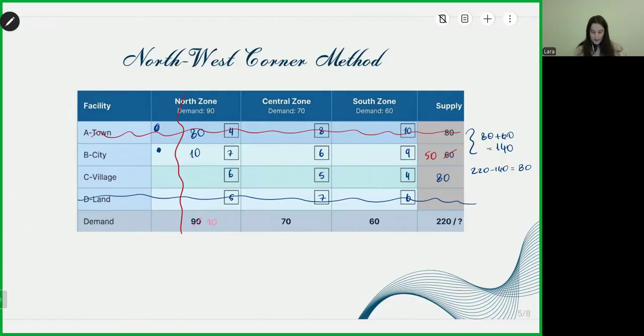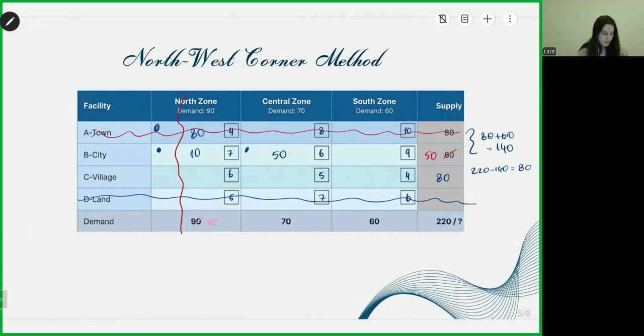Okay. Now I'm going to look at the next northwestmost corner. And that's going to be this corner right here. And B city can now only supply 50, but central zone needs 70. So I'm going to supply 50 units of 70 from B city. So I'm going to write 50 here.